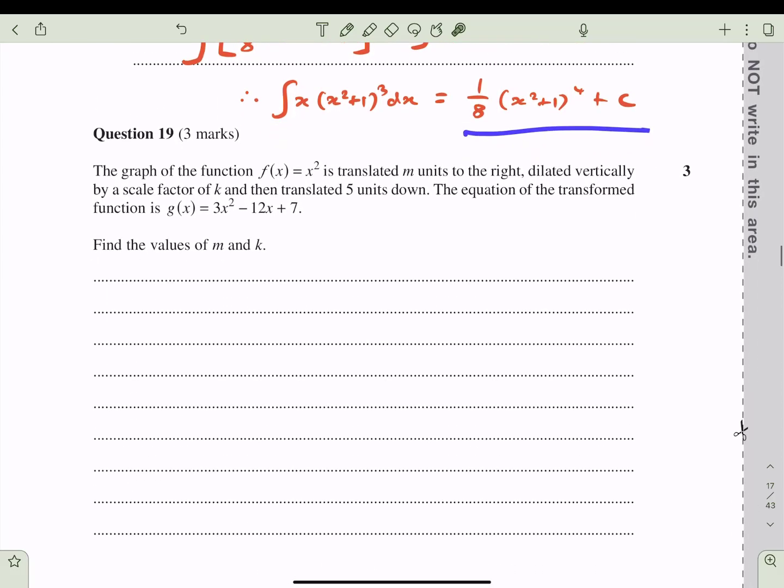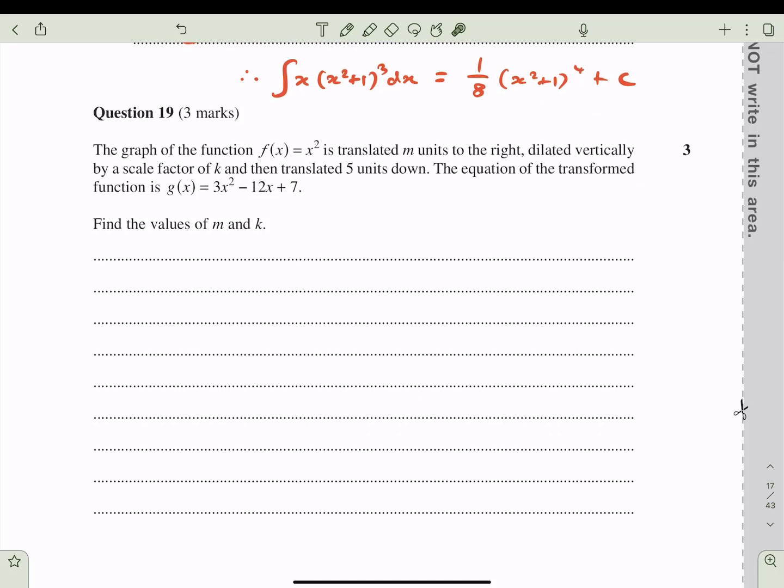Moving on, question 19. With question 19, we are dealing with a graph of the function f(x) equals x squared, and we have multiple transformations being applied to it. Whenever we deal with questions like these, you must remember to follow these steps in order. Here we have a translation of m units to the right. So we first say, translate m units right.